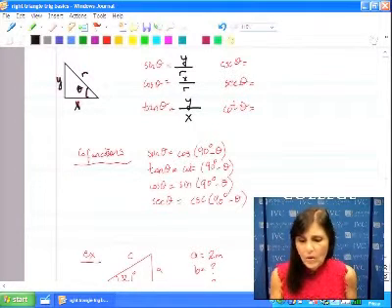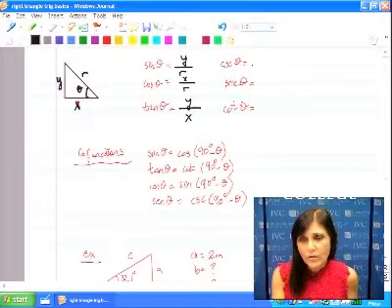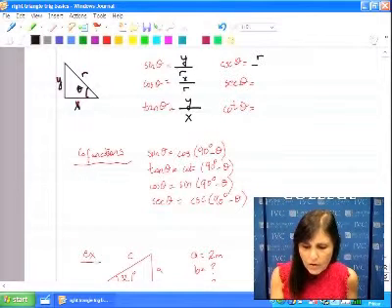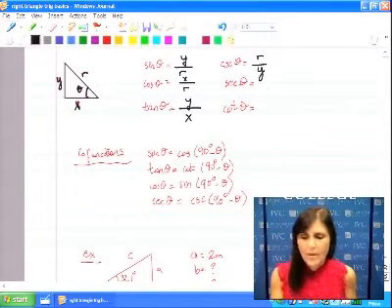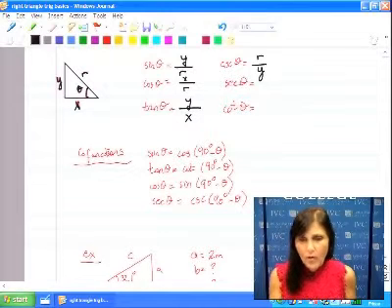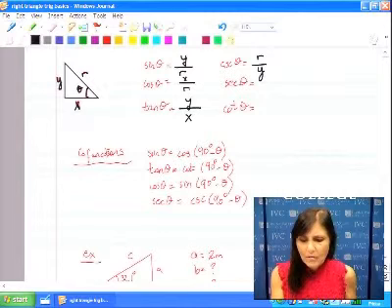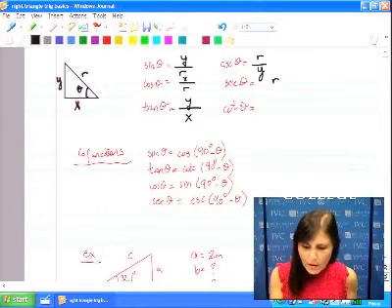Now, by the same token, cosecant is 1 over sine. That means you're going to reverse this guy that you wrote, sine theta. So when you reverse it, you get hypotenuse over opposite. Then secant theta, you're going to reverse the cosine, so that's going to be r over x.